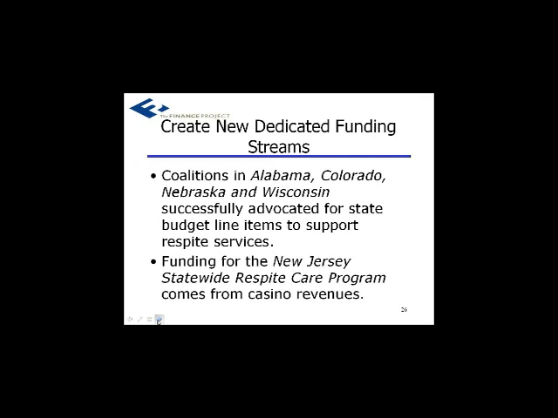examples. I wonder if anybody wants to share something really new and exciting that they've been able to develop, a funding stream or a sustainability strategy that they have developed over time. Feel free to type that in the question box.